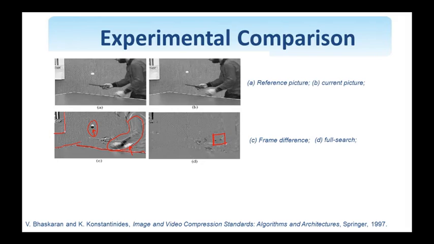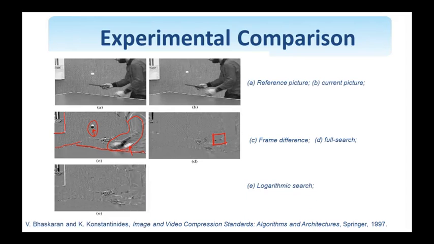We see the result next, the displaced frame difference, when logarithmic search is used. The displaced frame difference is now greater, as expected, since we have traded computational speed for accuracy. Finally, we show the result of the 3-level hierarchical search.